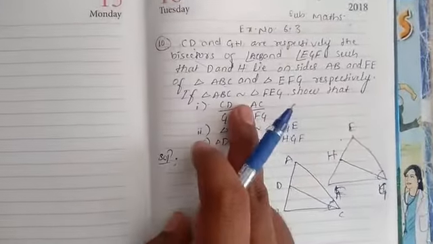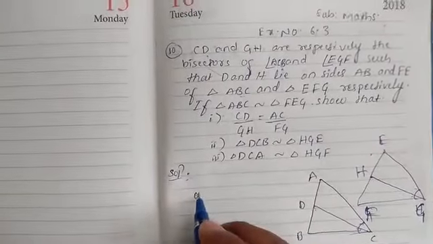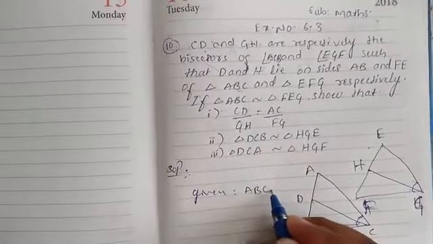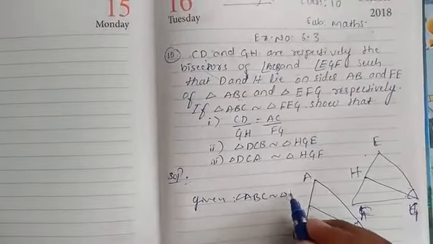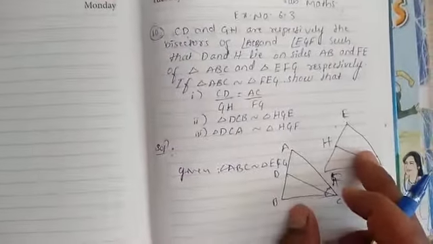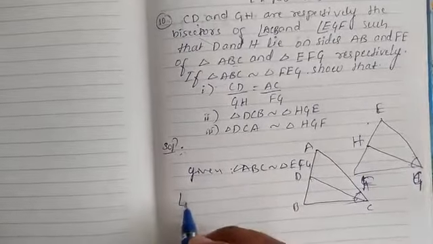So how to prove the first one? See here. Given, triangle ABC is similar to triangle EFG. Both triangles are similar, which means their corresponding angles are equal.